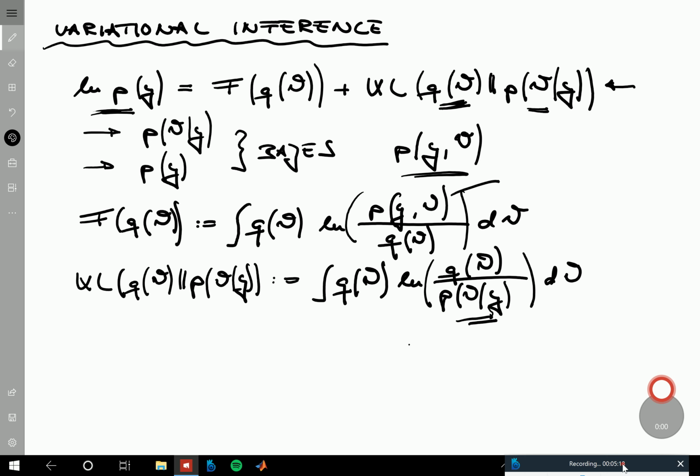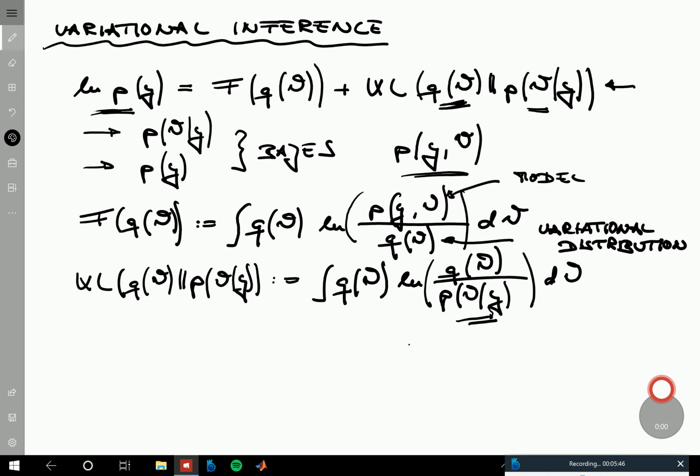So in the free energy we have here the model, which we know because we define it, and we have the variational distribution, which is something that we can work with, or something that we compute based on the whole framework. Yeah, so these are the two quantities.